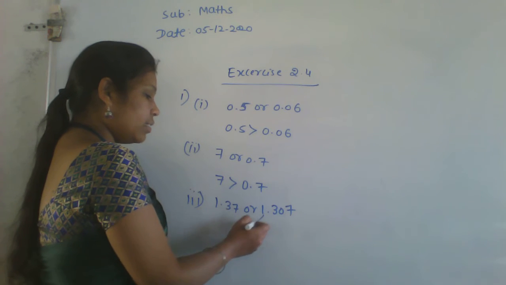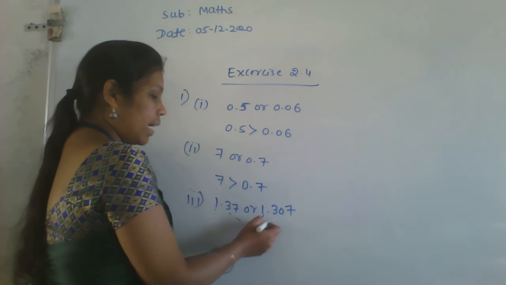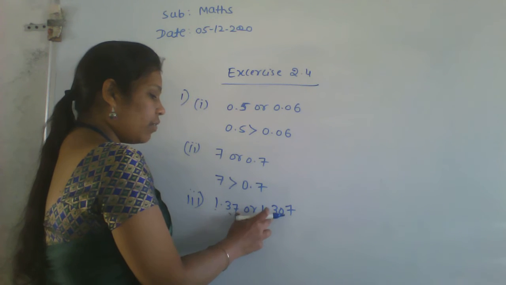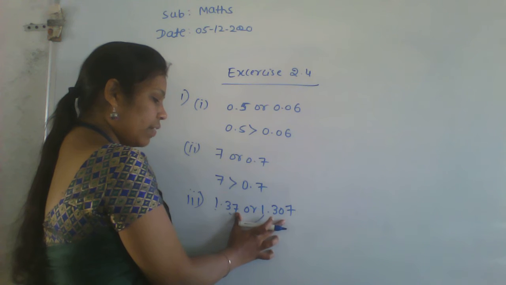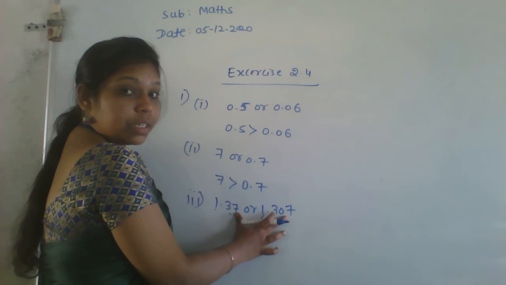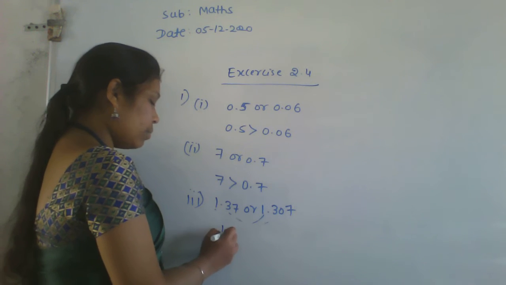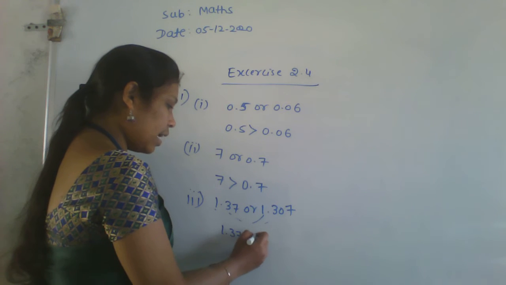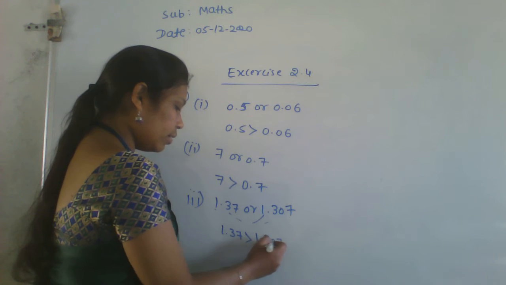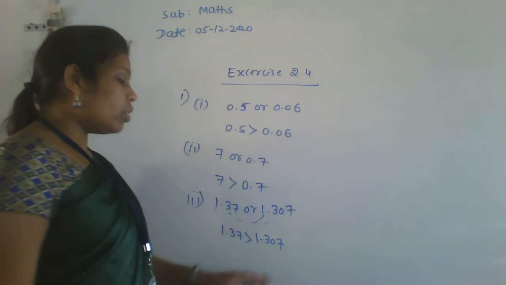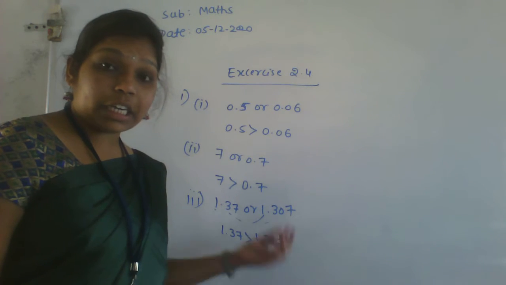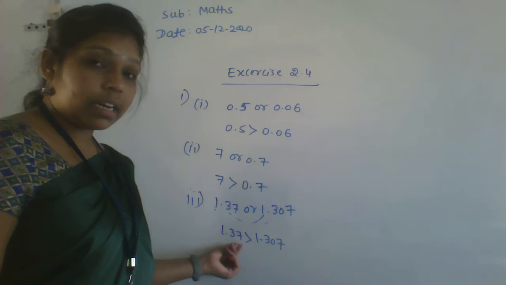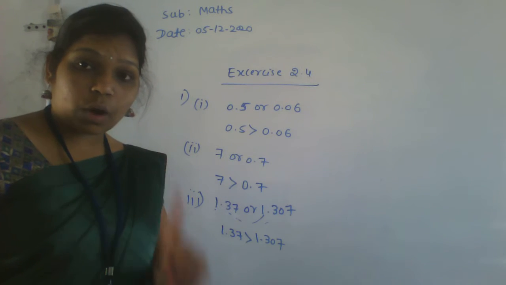Observe, first number is same here. Okay. Second number, after the decimal point, the first number 3 is there. Next number, compare. Here 7 is there, here 0 is there. So which one is the greater? This one. 1.37 is greater than 1.307. Okay, don't think like that: here after the decimal there are 3 numbers, here only 2 numbers. Don't think like that, it's a wrong method.